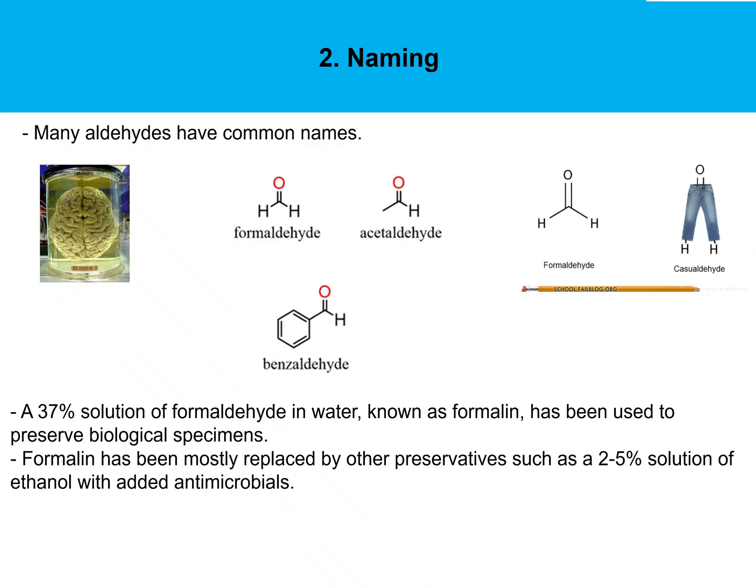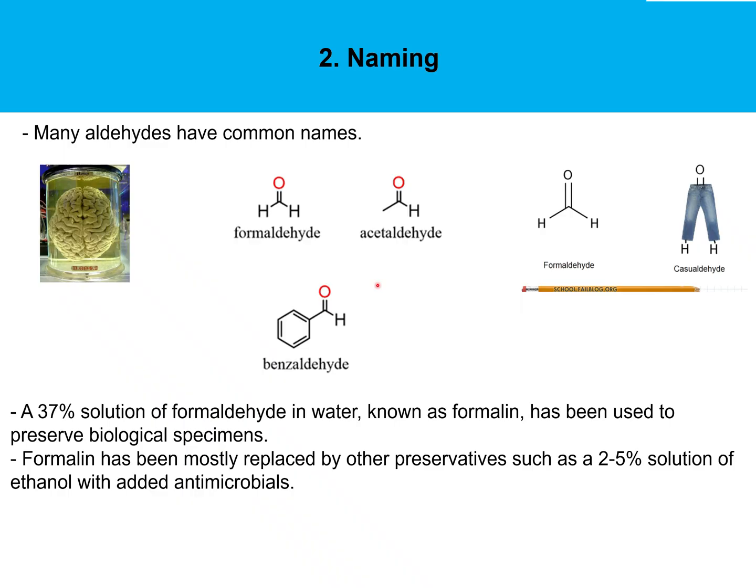Like many functional groups, aldehydes are sometimes named through their common names. For example, formaldehyde has a single carbon. It is the simplest aldehyde we have. Acetaldehyde has a methyl group along with the aldehyde, and then benzaldehyde has a benzene ring next to the aldehyde.